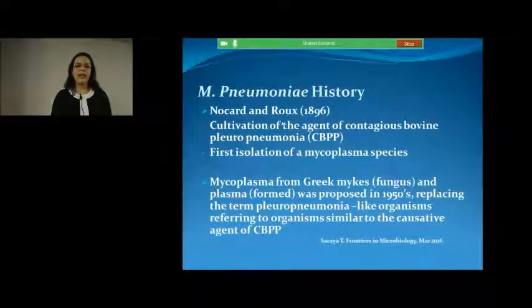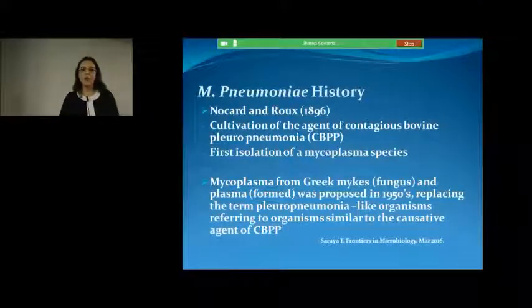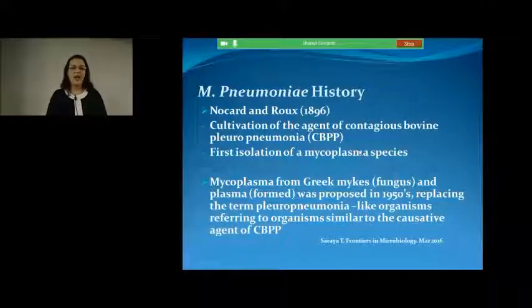Nocard and Roux in 1896 reported the cultivation of the agent of contagious bovine pleuropneumonia that at that time was a cause of severe and widespread disease in cattle herds. So that was the first time that a mycoplasma species was isolated.